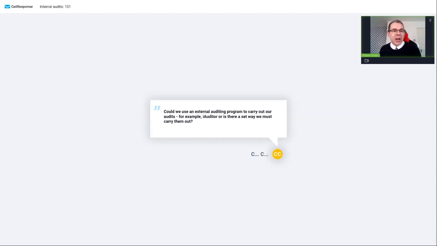So how you record it is entirely up to you, as long as you have access to those results, not only when you are internally auditing yourself, but when we come in as a certification body and check that you are compliant to the standard. So yes, you can use that, as long as you are covering all elements of the standard.